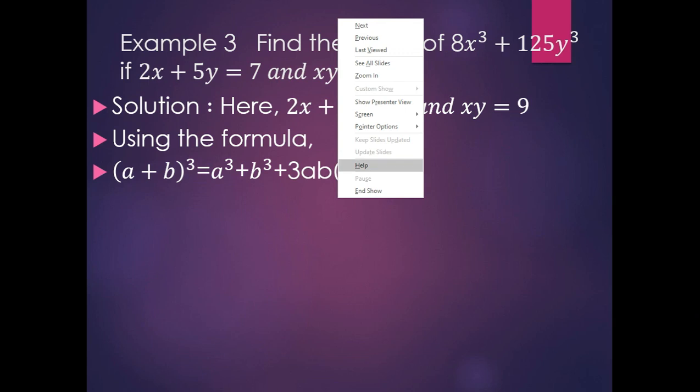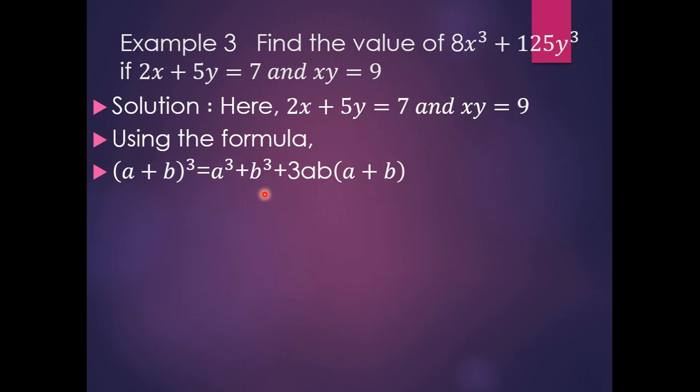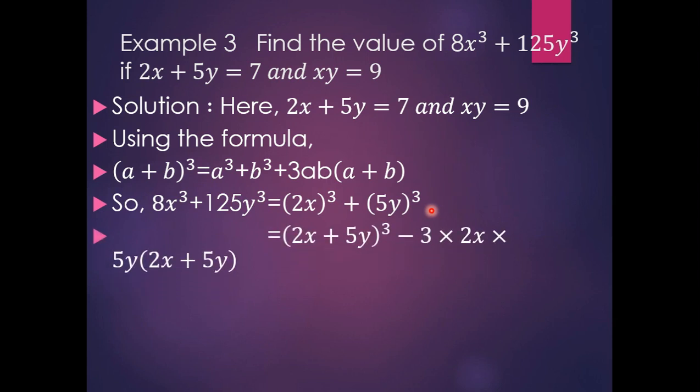Now using this formula, what we can write here is 8x cube plus 125y cube equals 2x whole cube plus 5y whole cube, and this a cube plus b cube equals a plus b whole cube minus 3ab times a plus b. So here also, 2x plus 5y whole cube minus 3 times 2x times 5y times 2x plus 5y. So from this we can make the formula, that is a plus b whole cube minus 3ab times a plus b. So using that we can write like this way.